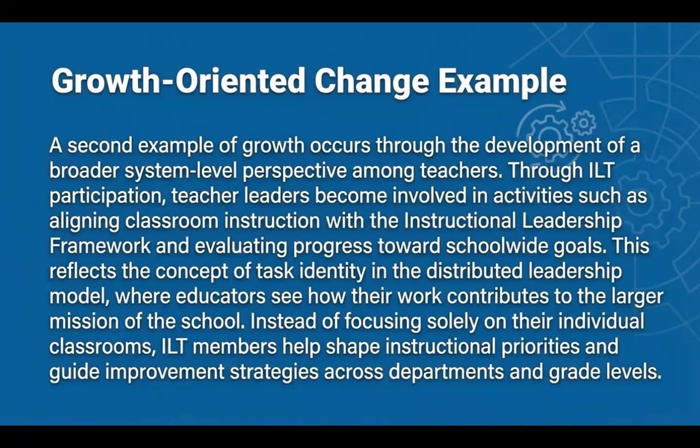This reflects the concept of task identity in the distributed leadership model that the author was talking about, where educators see how their work contributes to the larger mission of the school, instead of focusing solely on their individual classrooms. Therefore, we, the ILT members, help shape instructional priorities and guide improvement strategies across departments and grade levels.